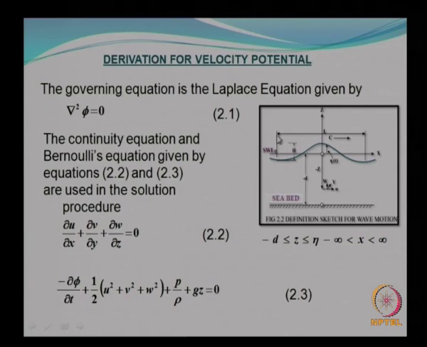And the wavelength is also indicated here, and the governing equation, as I said earlier, is the Laplace equation. You have the continuity equation and this is nothing but the Bernoulli equation, right.